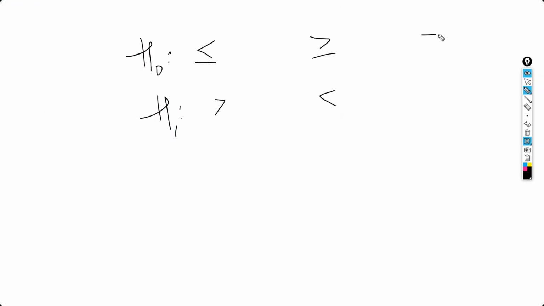When you have the equal to symbol, in your alternate hypothesis you will have the not equal to symbol. These are the three options: option A, option B, and option C. Is the point clear? Now, when you are going to take action and when you will not take action, that is the only requirement.